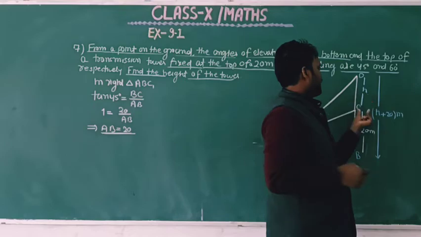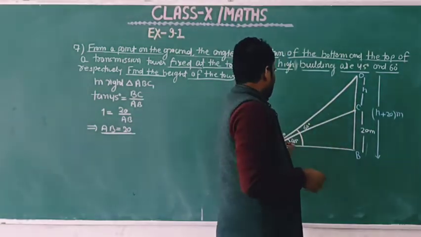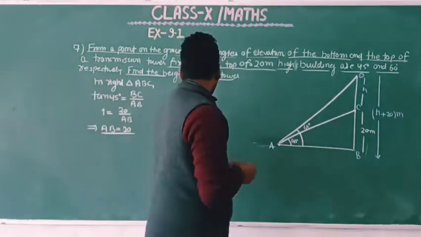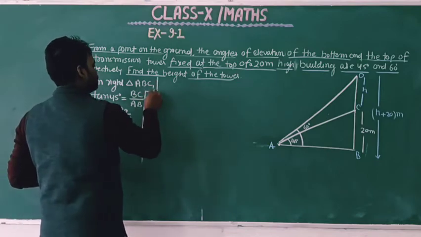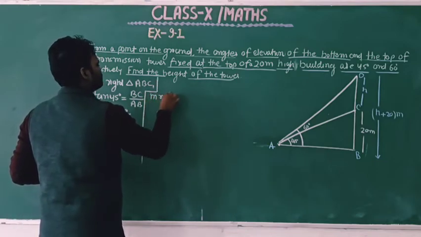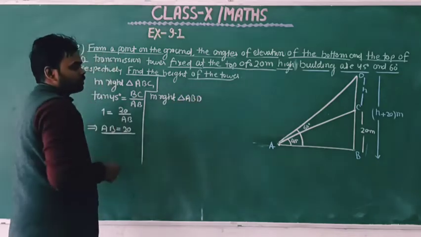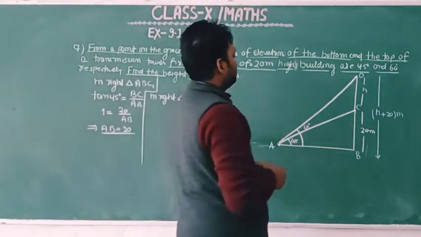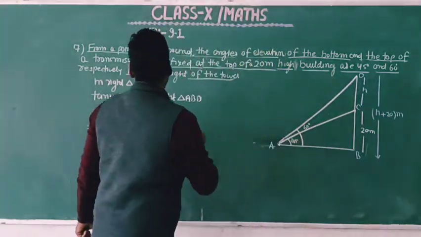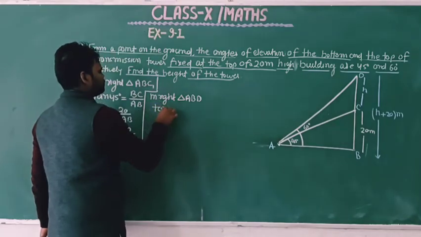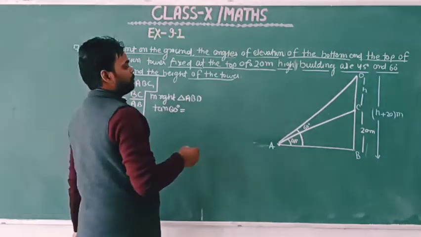Now determine the height of the transmission tower. So we choose triangle ABD. In right triangle ABD, again choose the same trigonometric ratio, tan. Tan 60 degree equal to perpendicular upon base.